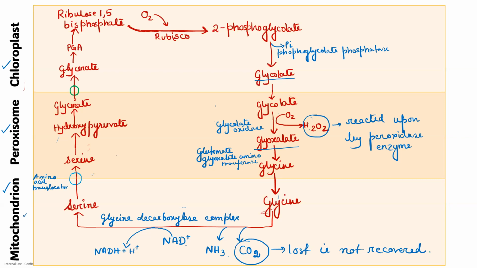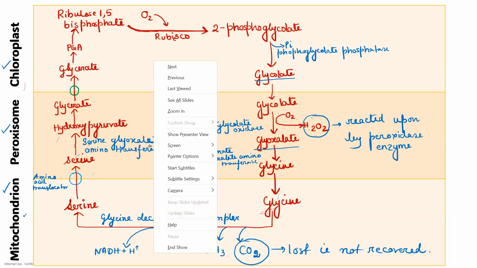Now this serine is forming hydroxypyruvate with the help of the enzyme serine glyoxylate aminotransferase.